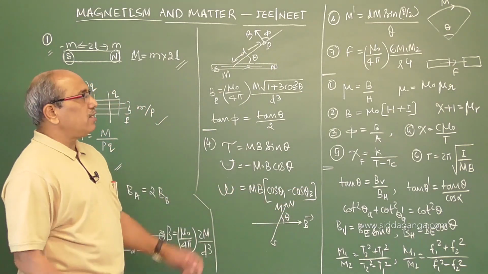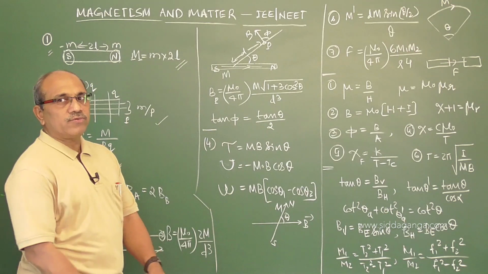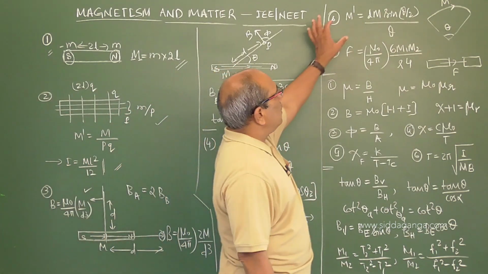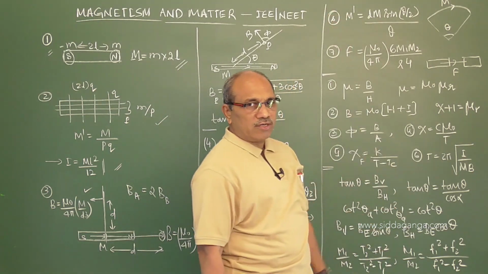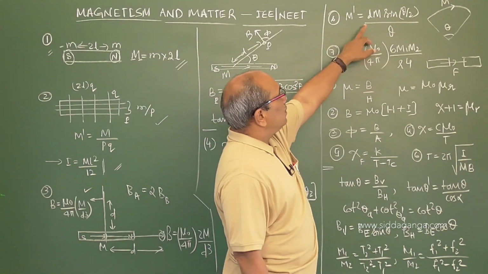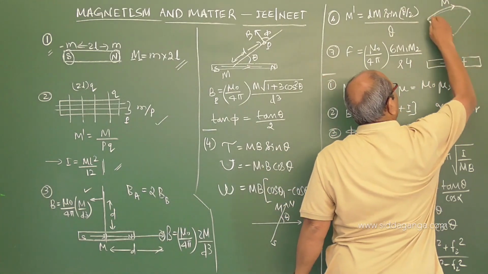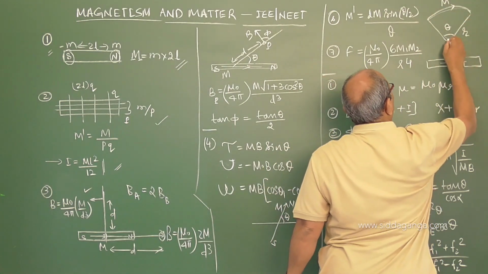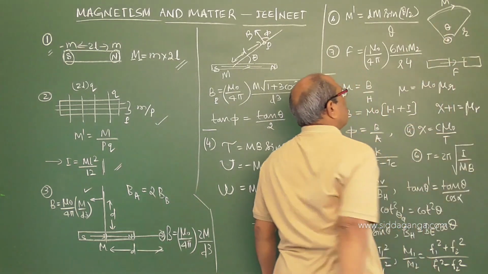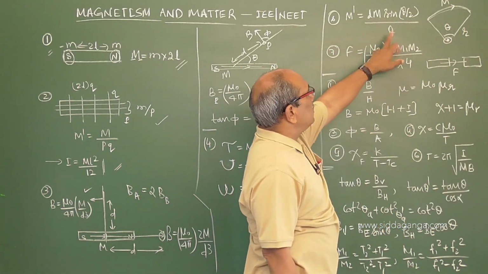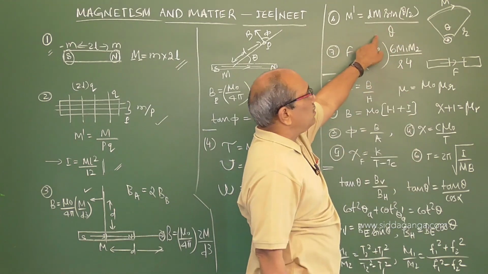And the bending of a magnet: we took some examples in the previous videos. One I have taken here, the others you can follow. If you bend it so that it becomes an arc of a circle of radius r with the center at O, then the new moment becomes 2m sin(theta by 2) upon theta, where theta must be in radians.